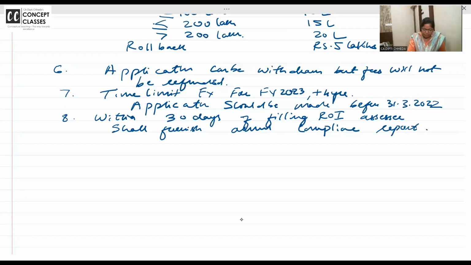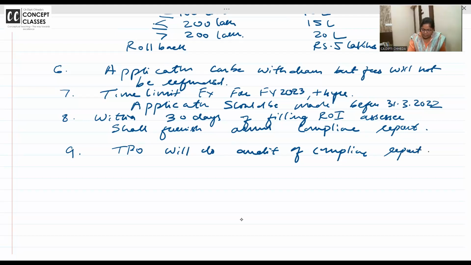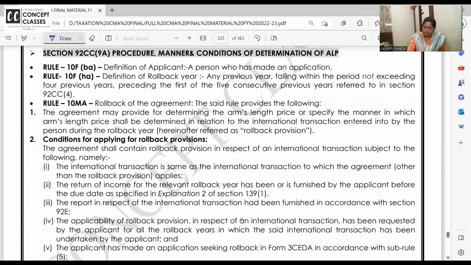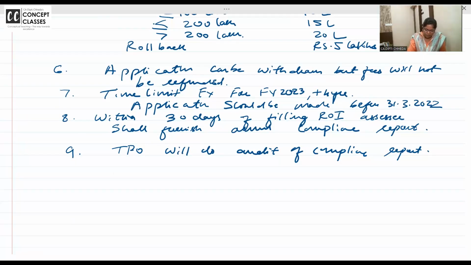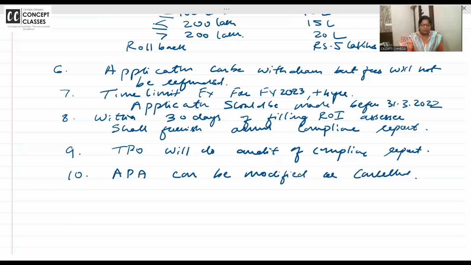You see, we are complying with whatever agreement we have made. Okay, right. TPO will do audit of compliance report. And next point you all should know, advance pricing agreement can be modified. अगर कुछ टर्म्स एंड कंडीशंस चेंज हो रहे हैं तो मॉडिफाइड और कैंसल्ड, वॉइड ab initio कर देंगे.